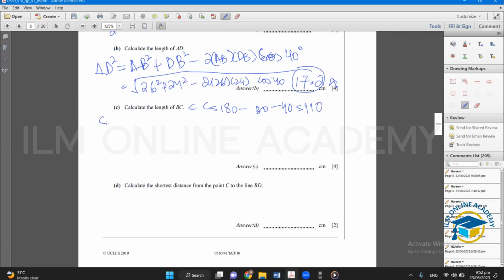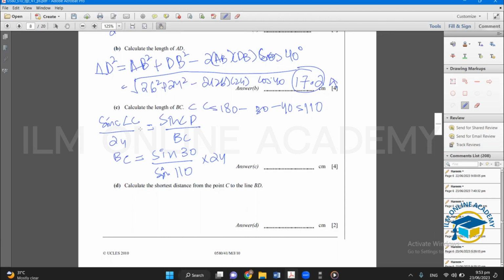Now we will apply the sine rule, which is sine angle C over 24 equals sine angle D over BC. And we can write it as BC equals sine 30 over sine 110 multiplied by 24.